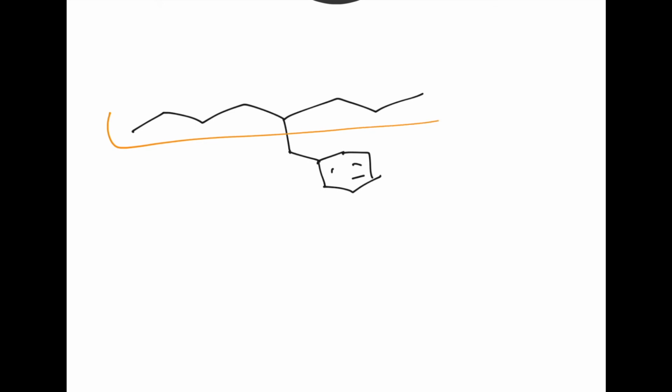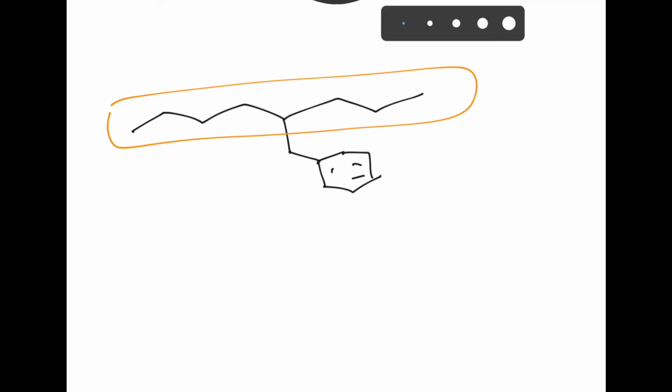But you can have stuff like this. See here, like we had a long chain, right? You could say, hey, this is my longest chain, and I have a CH2 benzene ring hanging off of it, so that would be a benzyl.